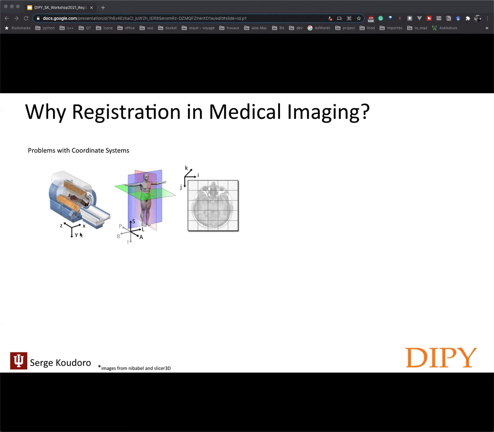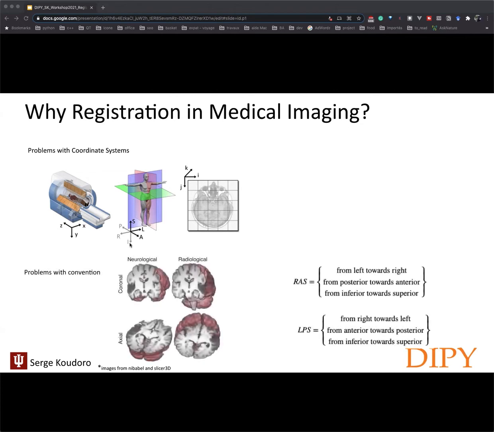It usually refers to the scanner and how the scanner acquires data. The second one is an anatomical coordinate system. It is represented by anterior, posterior, right, left, and superior and inferior. This is commonly used in all fields of medical imaging.